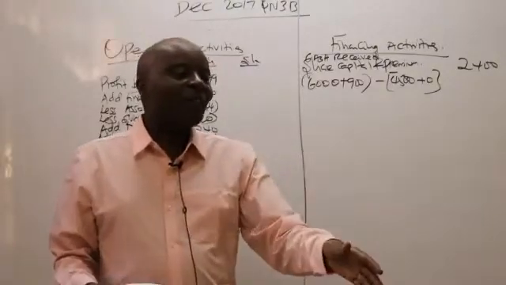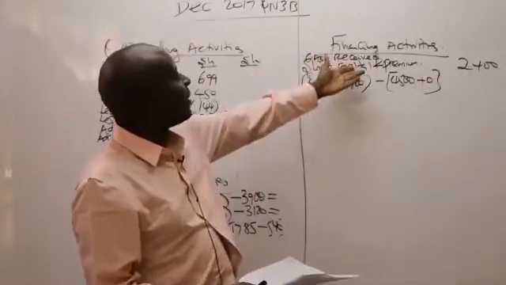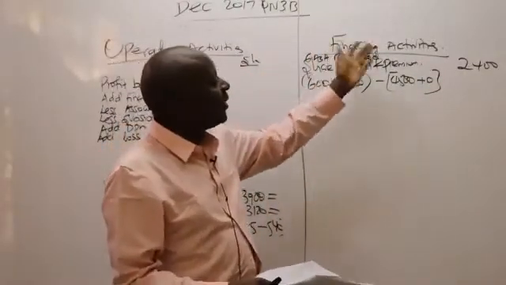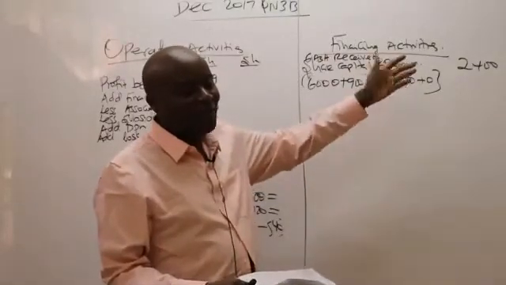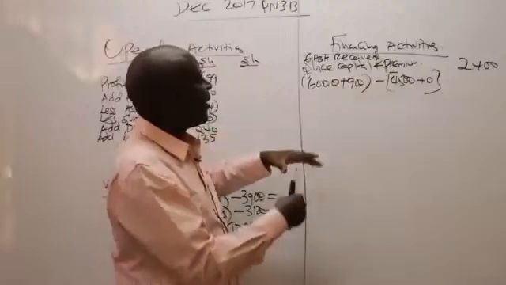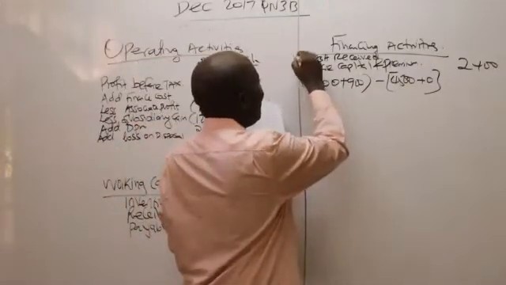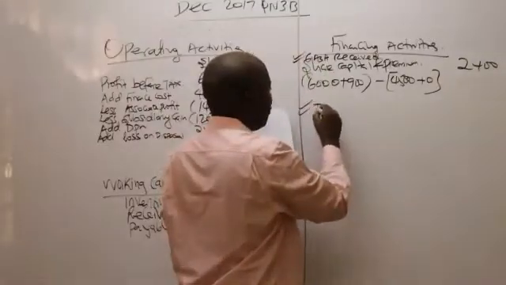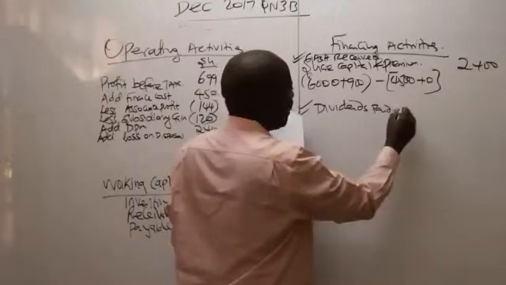Even if it is negative, it's not a problem. You just put the negative. Leave out those narrations. In narration, the examiner will not even look, even if you just write share capital and premium. Now write here financing. So you said dividends paid, these people financed you. So dividends paid. Are you able to see the parent?